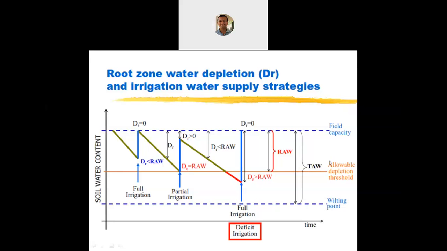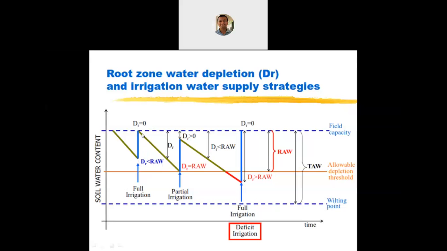So this middle point we can say is the allowable depletion threshold. Now, when we allow the soil moisture to decrease up till this point, within the readily available water limit, the root zone water depletion, that is Dr, is less than the readily available water, and we apply full irrigation to revert the soil moisture status back to field capacity.